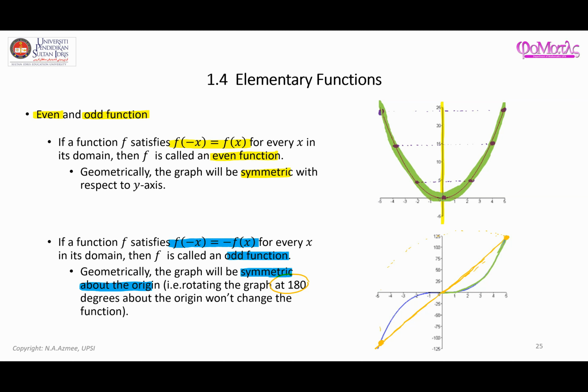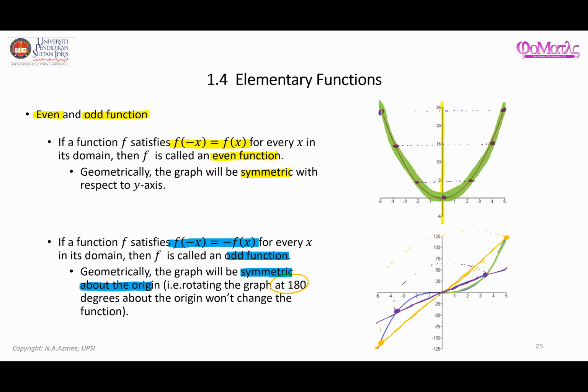It will be reflected at this point here. Now if you consider another point on this graph, and I sketch a line from this point to the origin, then this point here, when rotated at 180 degrees, will be mapped at this particular point.